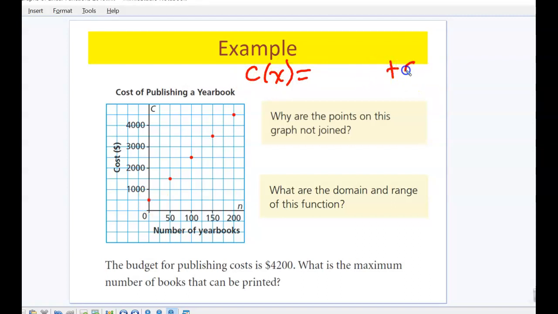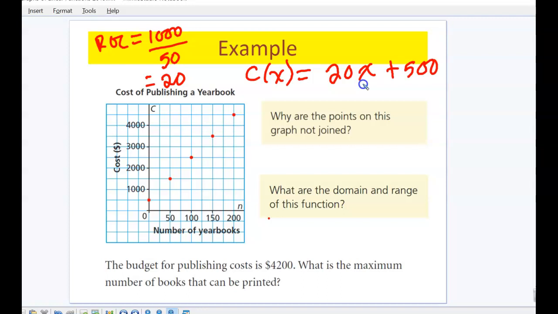It is 500. And my rate of change, I'm going from here to here. My change is 50, and my rise is 1,000. So my rate of change is going to be 1,000 divided by 50, and that is going to be 20. So my cost is 20x plus 500.